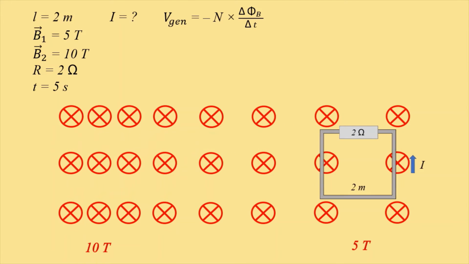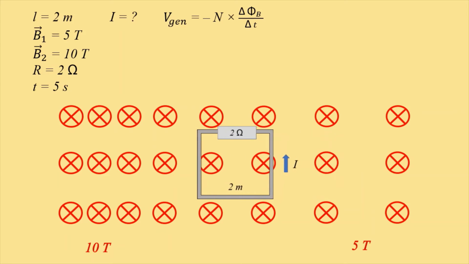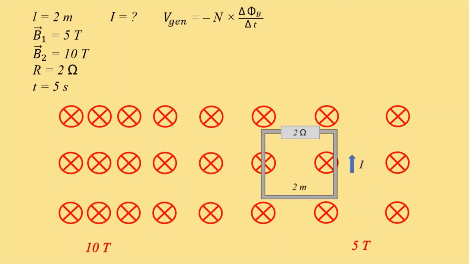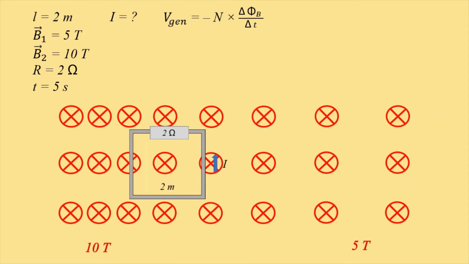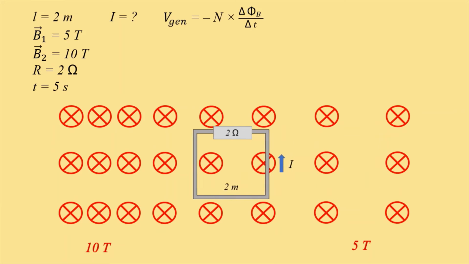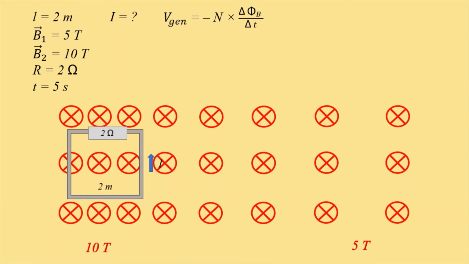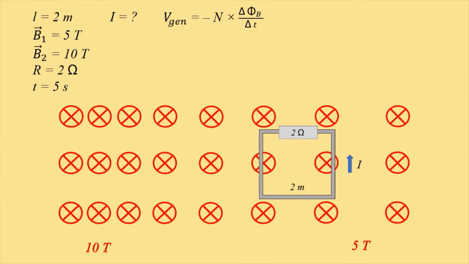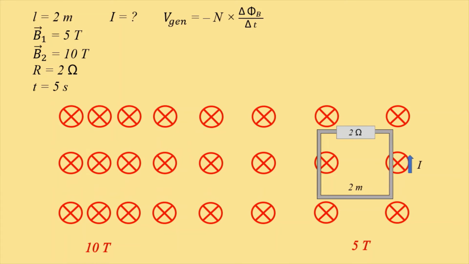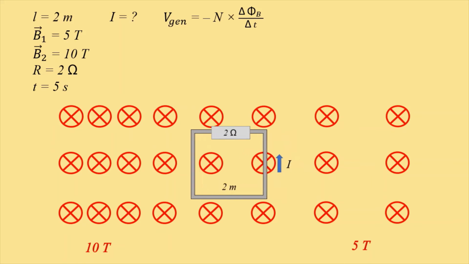Then we have this omega, the magnetic flux, that's the amount of the magnetic field in the loop. And to calculate this delta flux, it is the difference between the flux at the start and the flux at the end.